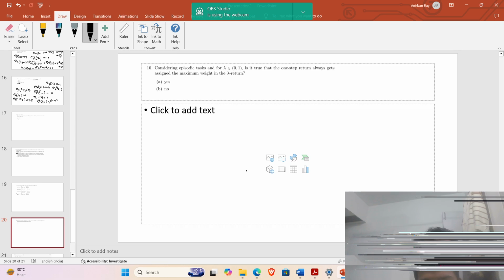Is it true that the one step return always is assigned the maximum weight in the lambda return? One step return. Acha, one step return is the first one, right?